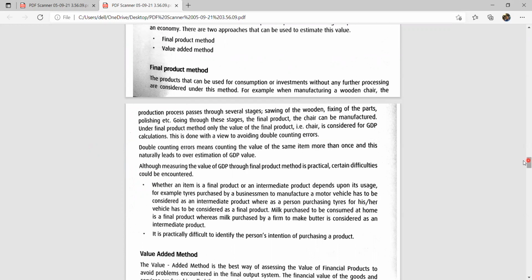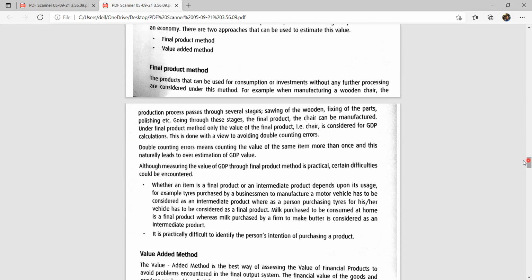When manufacturing a wooden chair, the production process passes through several stages, such as sawing the wood, fixing the parts, polishing, etc. Going through these stages, the final product, the chair, can be manufactured. Under the final product method, only the value of the final product, that is the chair, is considered for GDP calculation.